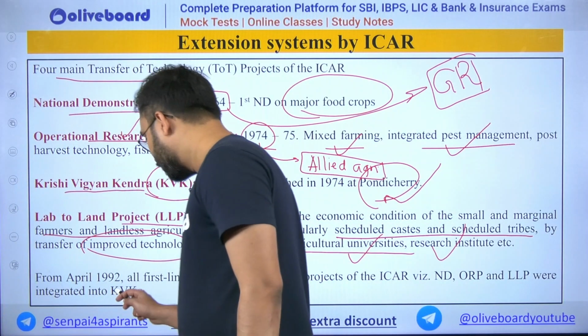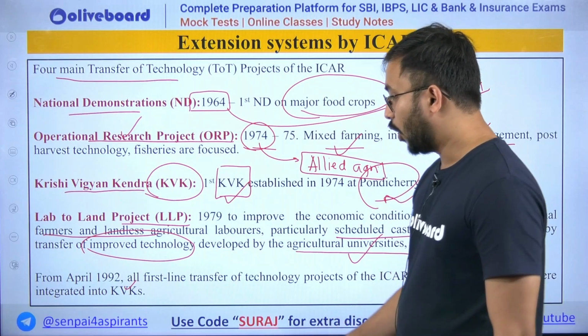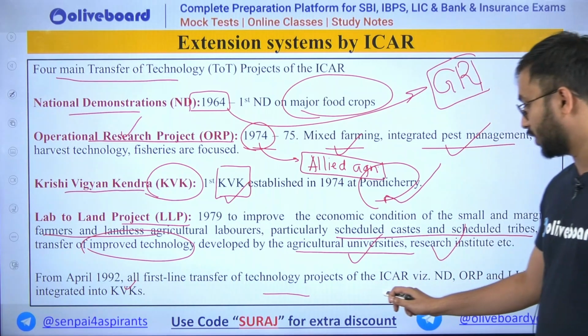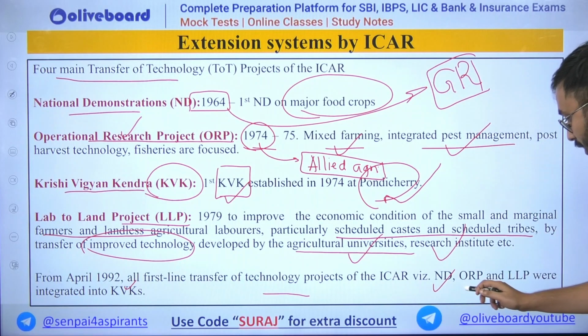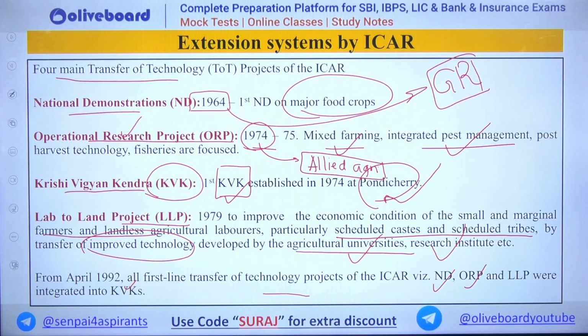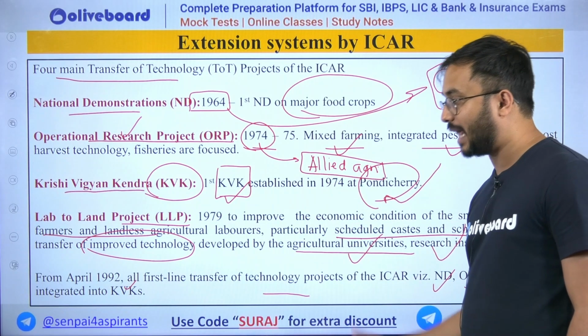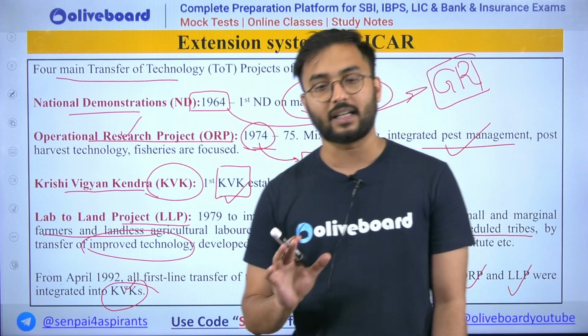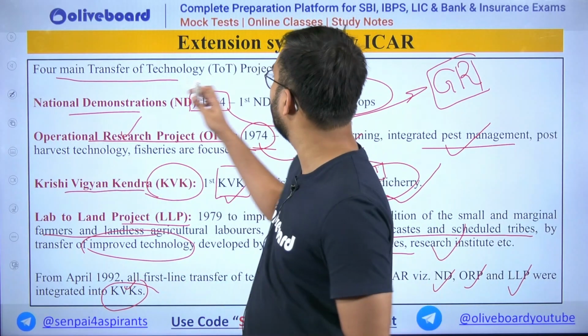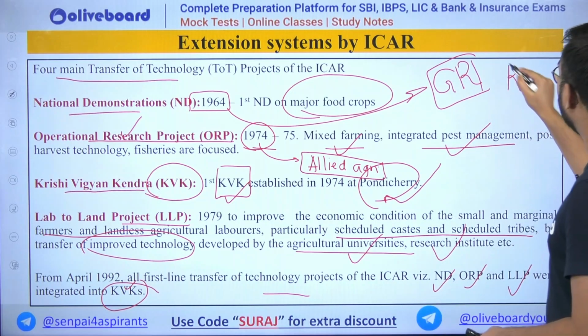Then from April 1992, all first line transfer of technology projects of ICAR, such as national demonstration, ORP, that is operational research project, and LLP, that is Lab to Land project, were integrated along with Krishi Vigyan Kendra. Actually, Krishi Vigyan Kendra is the nodal point.